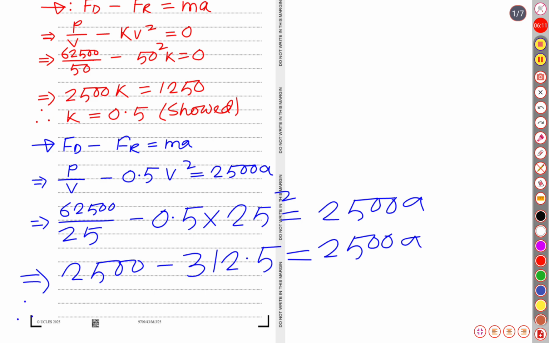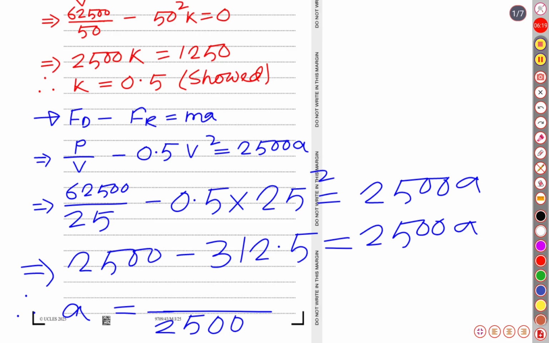Hence a is going to be, denominator 2500, and numerator 2500 minus 312.5, which is 2187.5, so finally our acceleration is going to be 0.875.